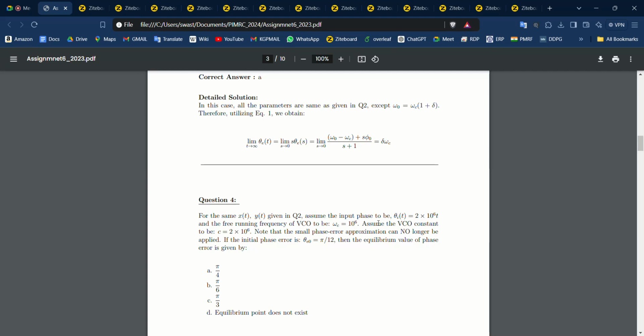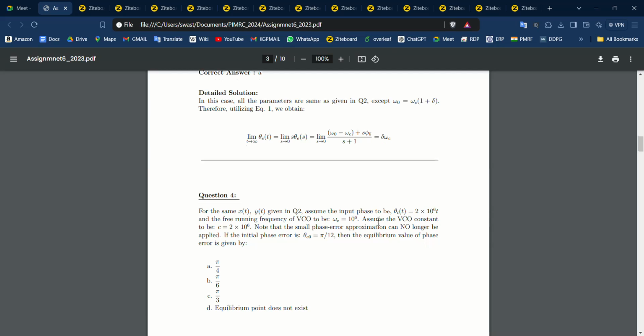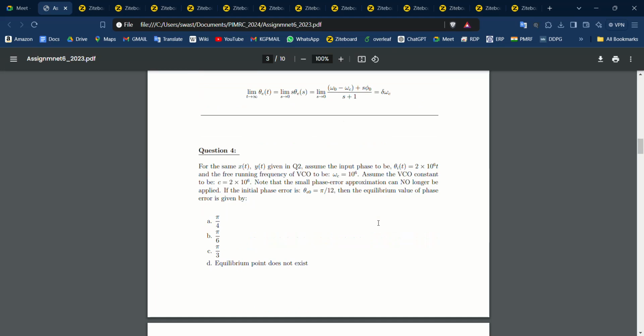If the input signal is wildly different from the oscillator frequency, the oscillator can simply no longer generate the frequency required. So the small phase approximation cannot be applied here.